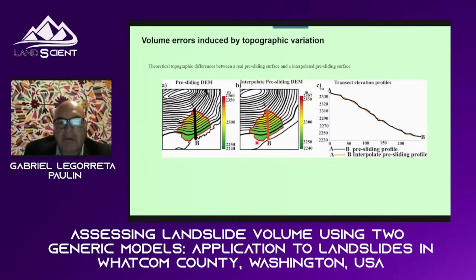In the middle, we have the theoretical surface with an interpolated surface. So as you can see in orange, the theoretical surface goes above and below my real topography. That will make the model tend to over- or under-predict volumes. How much error we can get is part of my results.